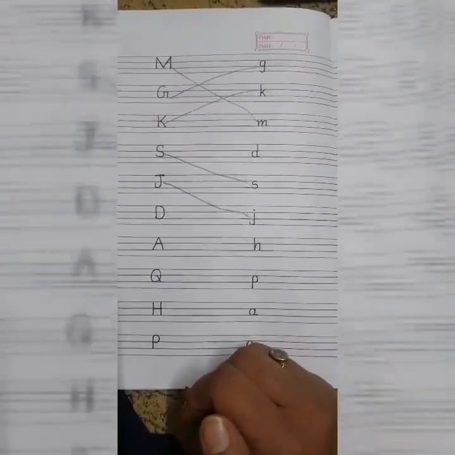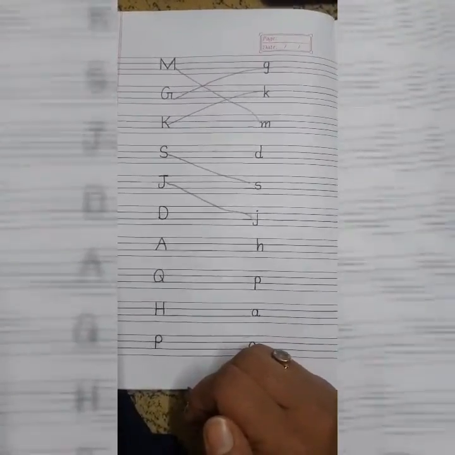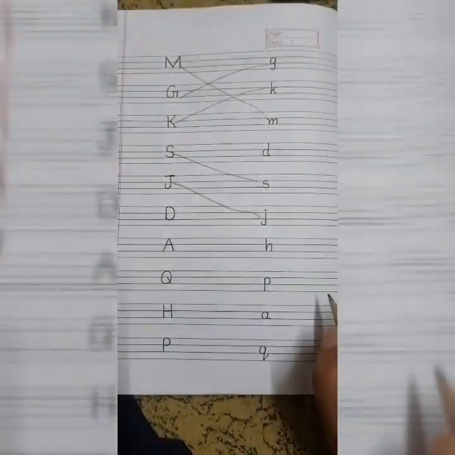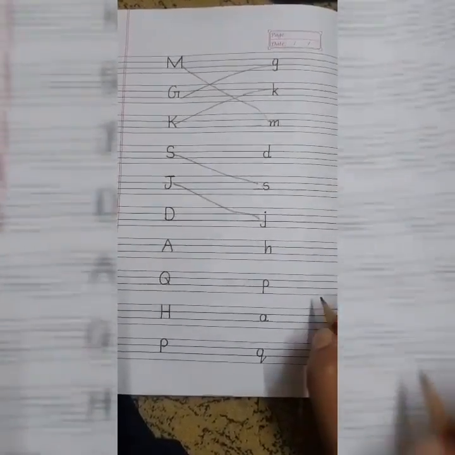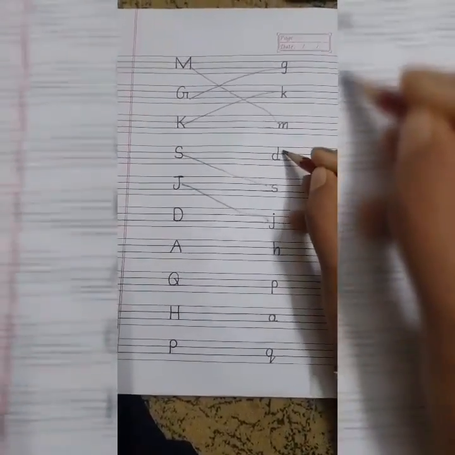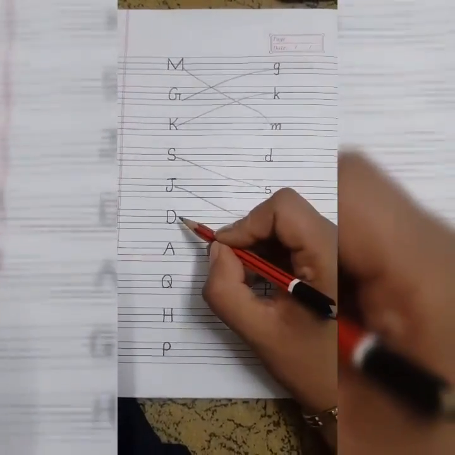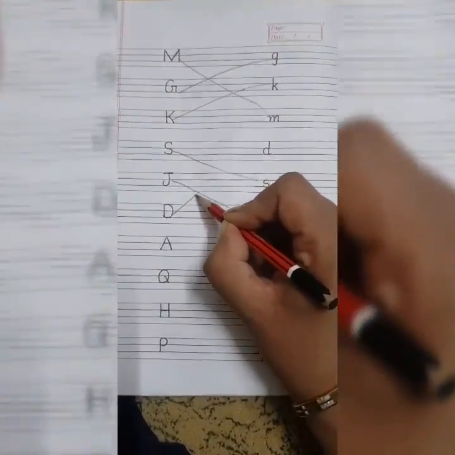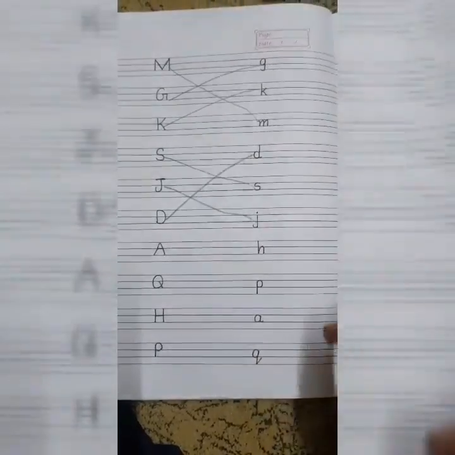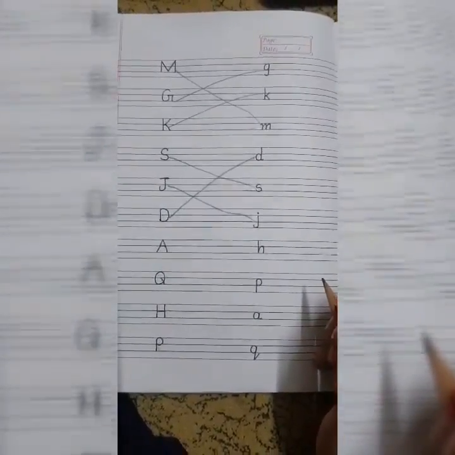Yes, it's letter D. And Divanshi's word also starts with letter D. So now what we will do? We will find the small case letter D. Yes, here it is. So we will match capital letter D with small case letter D.